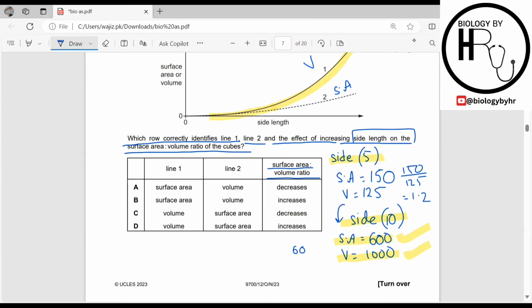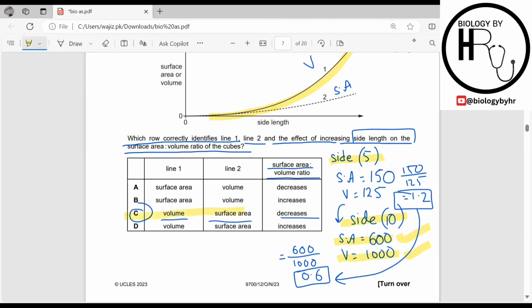And then if we calculate the surface area to volume ratio of the cube when the side length is increased, we get the answer to be about 0.6. So we know that the surface area to volume ratio has decreased when the side length is increased. So hence the answer over here would be option C.